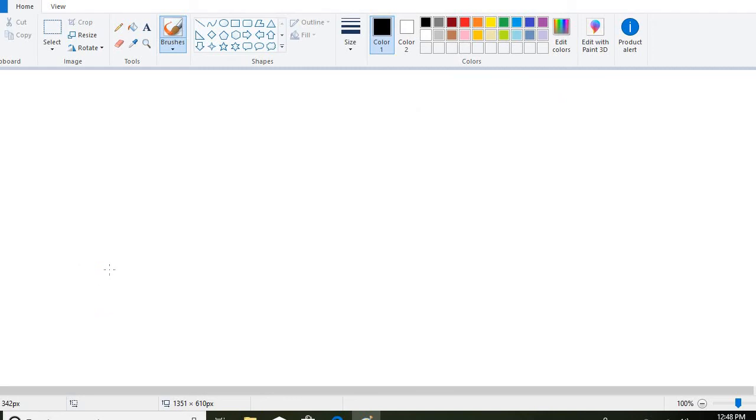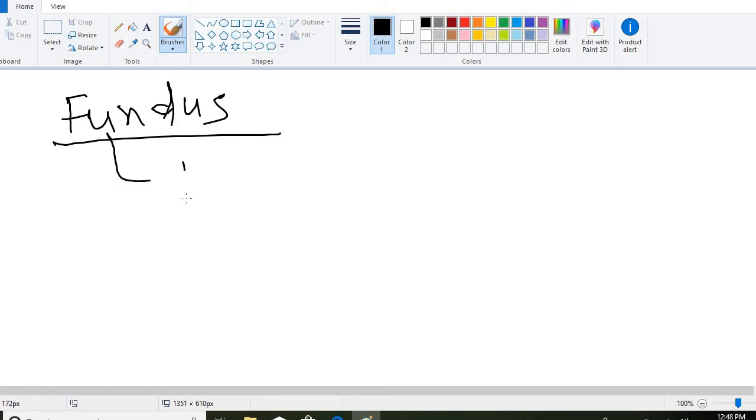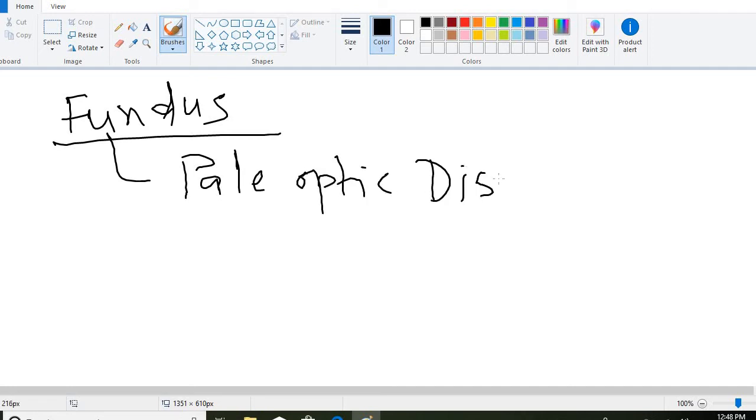Now, examination. Fundal examination shows contracted veins, a red spot, and a pale optic disc. Fundoscopy or fundus examination shows a pale optic disc, because of lack of blood supply.